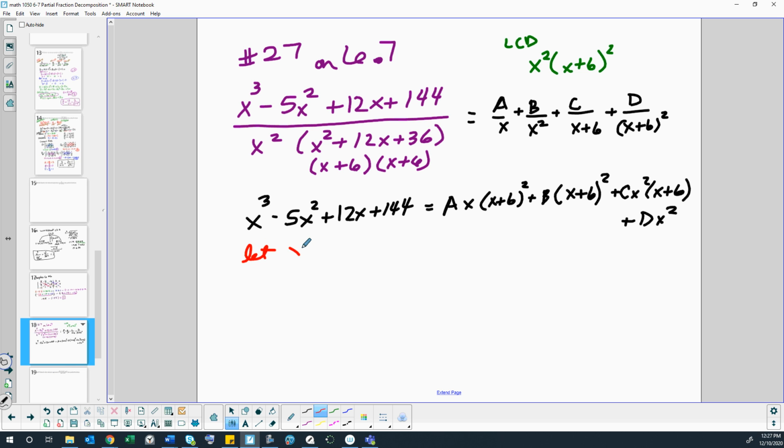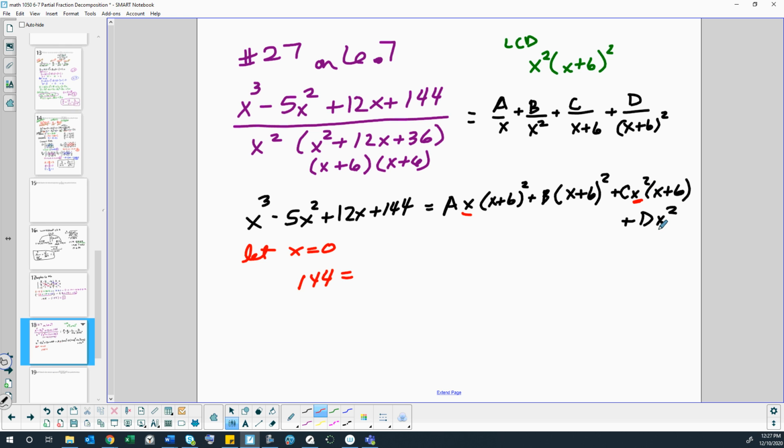Let's let x equal 0. So what's going to happen is that all three of these terms will cancel out because they all have zeros or x's in them, right? So we'll be left with 144 on the left. And then the a will cancel because there will be a 0 here. B will be left.